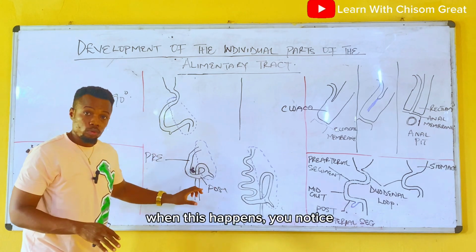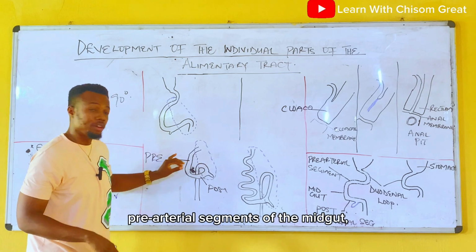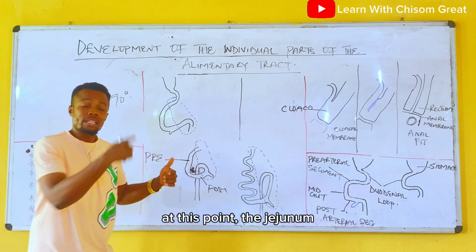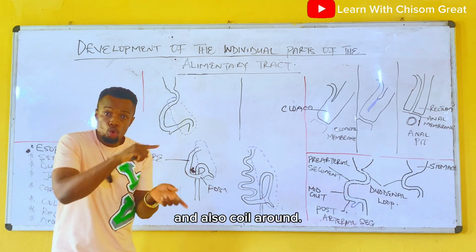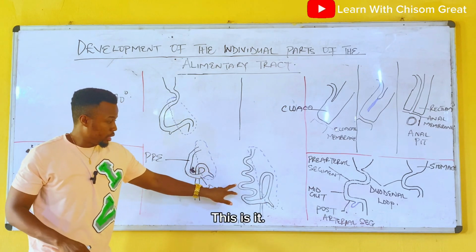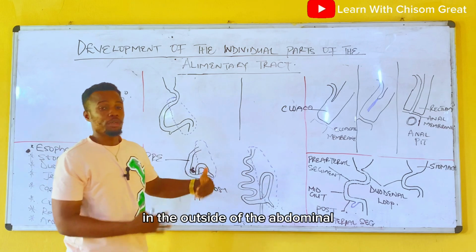Remember that the jejunum and the ileum form from the prearterial segment of the midgut, which is this. So at this point, the jejunum and the ileum begin to increase and also coil around, and all of this is happening outside the abdominal cavity.